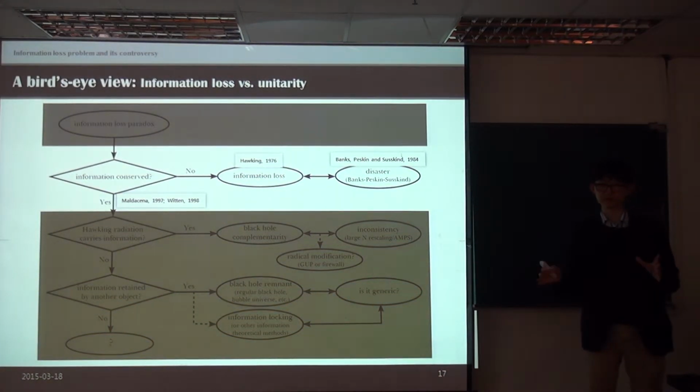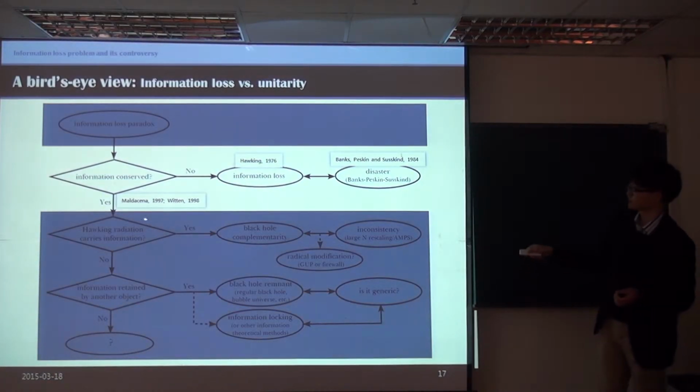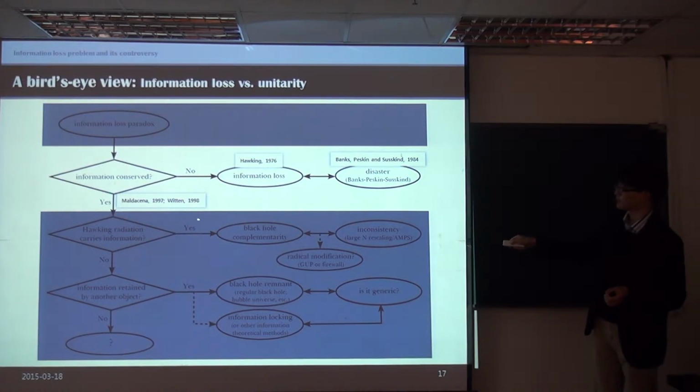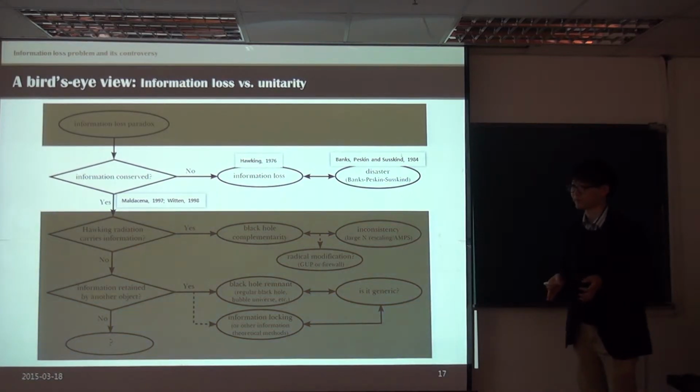And there was some controversy between Hawking, Peskin, Susskind and so on. But nowadays, the mainstream is following the yes direction. I think the reason is Maldacena's famous paper, AdS/CFT.